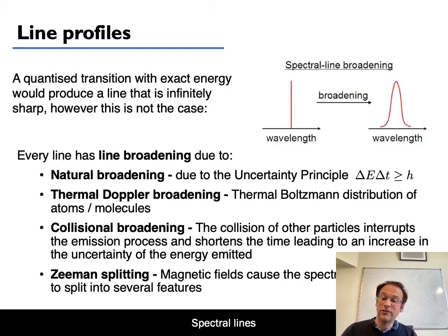And so that then leads, through Heisenberg's uncertainty principle, to a finite range of energies that photons are emitted or absorbed at, and therefore leads to a finite range of frequencies that we observe that spectral line at. Now, in the case of the 21 centimeter emission line, the time scale involved is very large, which corresponds to a very narrow range of frequencies over which natural broadening occurs for the 21 centimeter line.